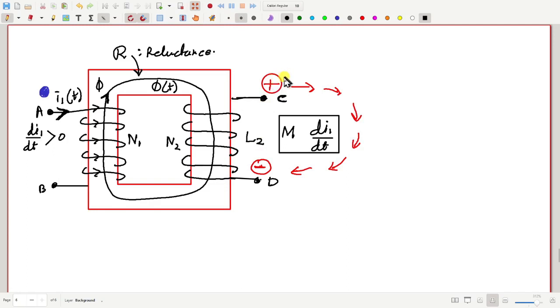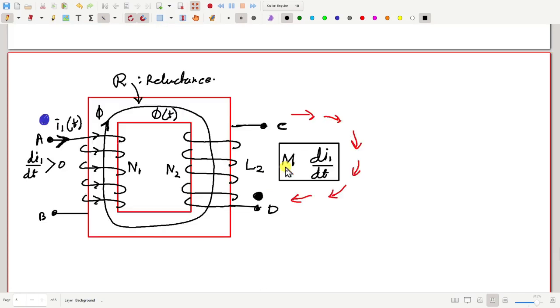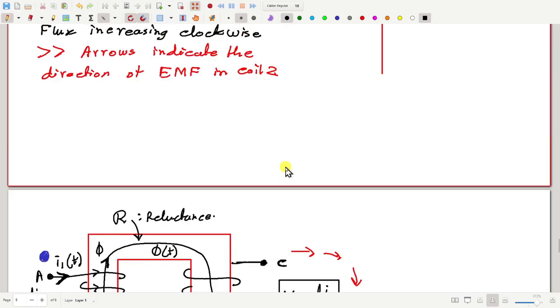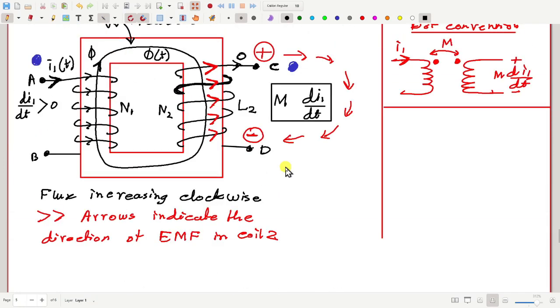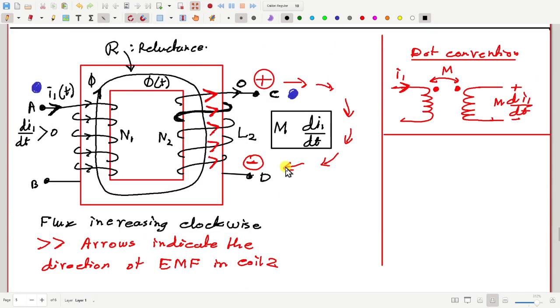Now, if side A is marked with one dot, then where should the other dot be? On side C or side D? The answer is it should be here, at side D. Fine, okay.